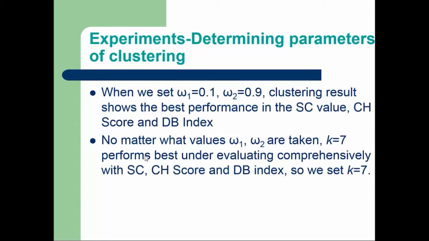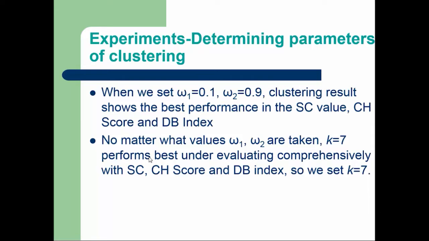It shows that clusters perform better when K is smaller, but we hope to get more refined clusters that match the diversity of patterns. Therefore, we need to look for a trade-off.